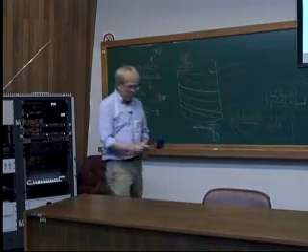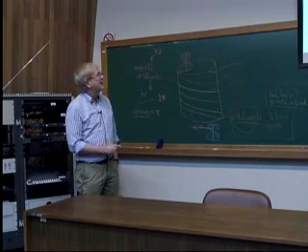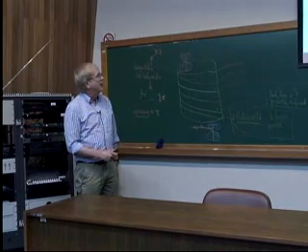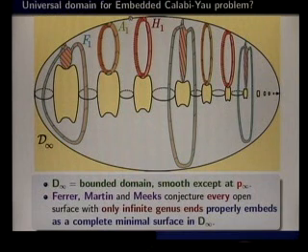And that turns out to be important, that last property, because we would like to promote the complete proper minimal immersion to complete proper minimal embeddings. And that's maybe kind of hard to believe that you could do that, but that's what we want to do.